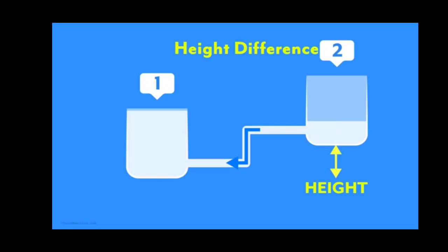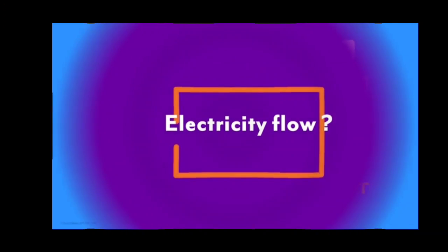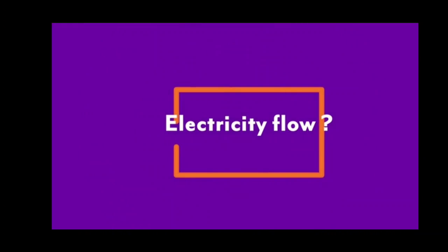And you all know that all metals have free electrons in them. In the same way, copper wire, even though it has free electrons, will there be a flow of electrons in it? Here is a copper wire shown in the form of a rectangular shape. So how can we make them flow?